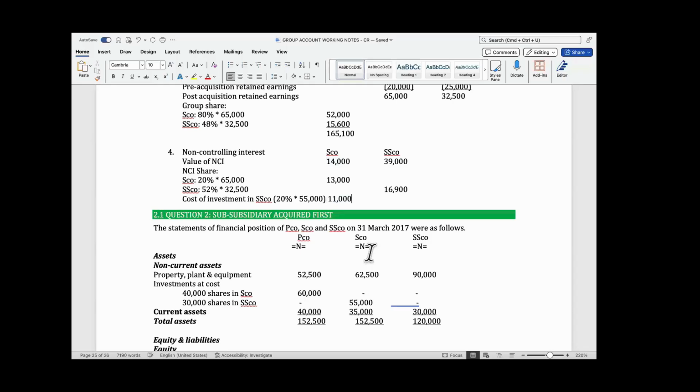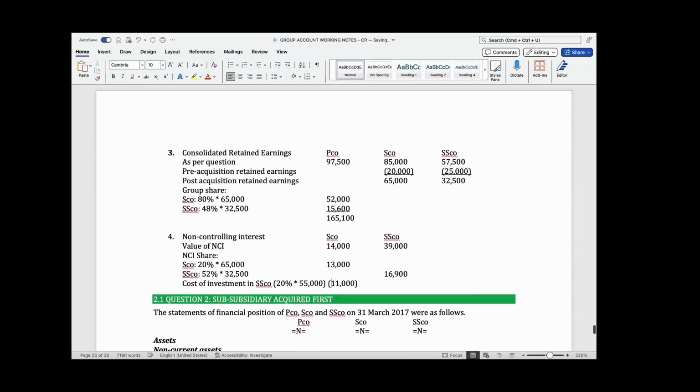We are trying to cancel out the investment in SSCO. No, sir, it will add to it, because it's part of what NCI suffered. No, it will be deducted out of it, sir. Sorry, I think it will be deducted. Yes, deducted. It will be deducted for a lot of reasons.